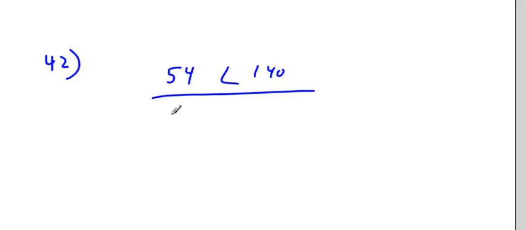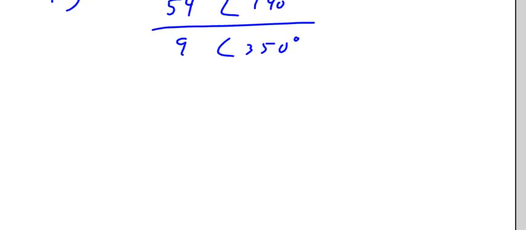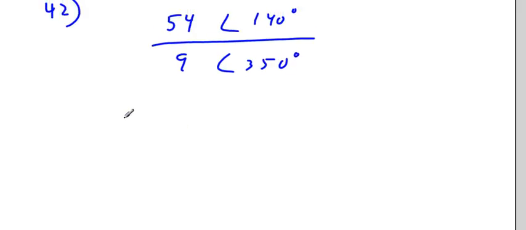All right, now we'll do 42. 54 angle 140 degrees divided by 9 angle 350 degrees. Better put degrees there so we don't forget and think it's radians. So that's 6 angle minus 210.